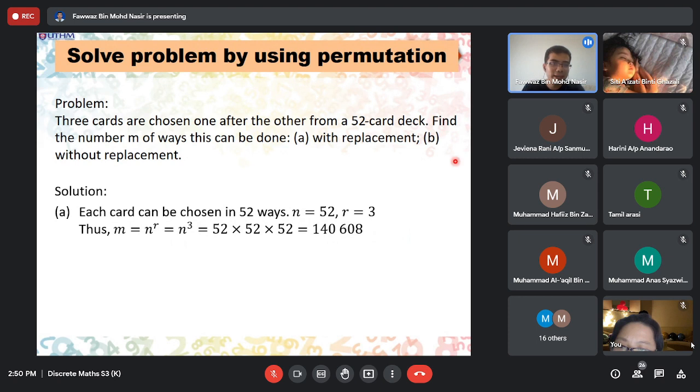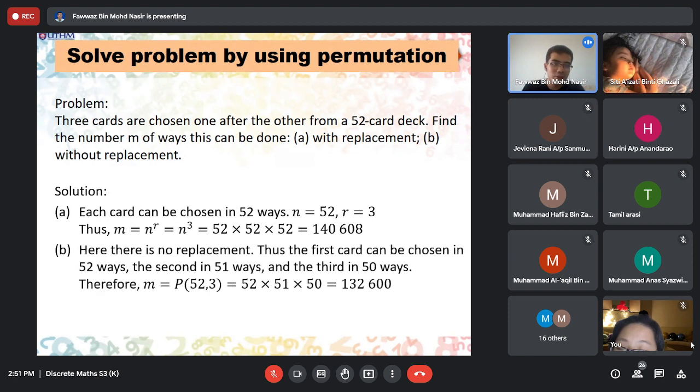Okay, so then B pula dia kata without replacement. So in this case, by right kita assume yang sebab dalam 52 card deck ni every card tu is different, so you just use yang without repetition tadi. So you get P(52,3), sebab dia punya n dia is 52, r dia adalah 3, so you can use formula yang tadi tu, substitute nilai, so you akan dapat 52 factorial over 49 factorial.